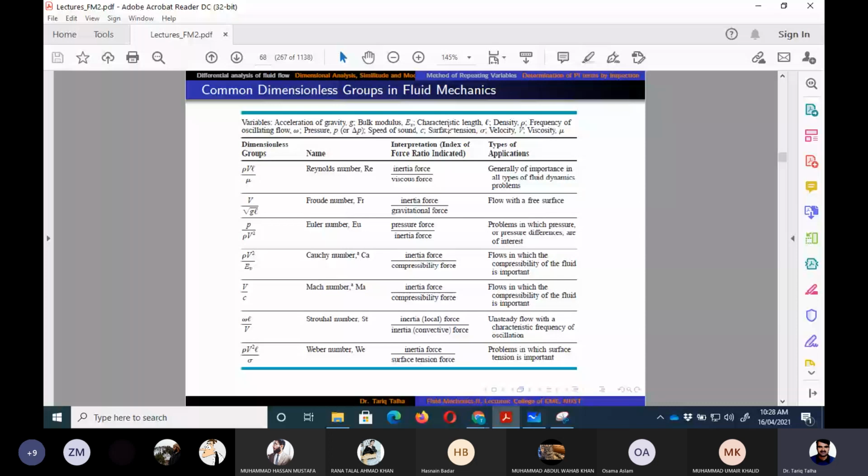That is the characteristic length. So for this bridge structure, the characteristic length they have taken, that is the vertical height.